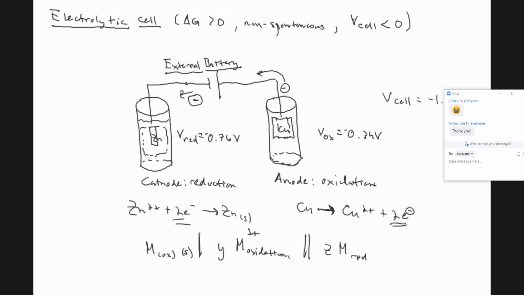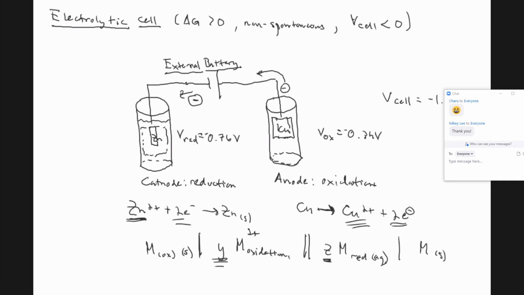It's going to get reduced, and you form some metal solid, right? So this is the concentration of your ions that you have in your cathode that you start with. And this is the concentration of the ions that you have in solution from your anode that has been dissolved into solution.